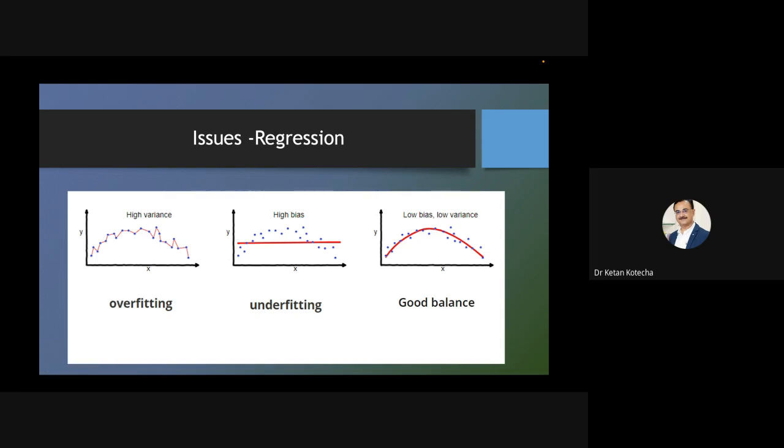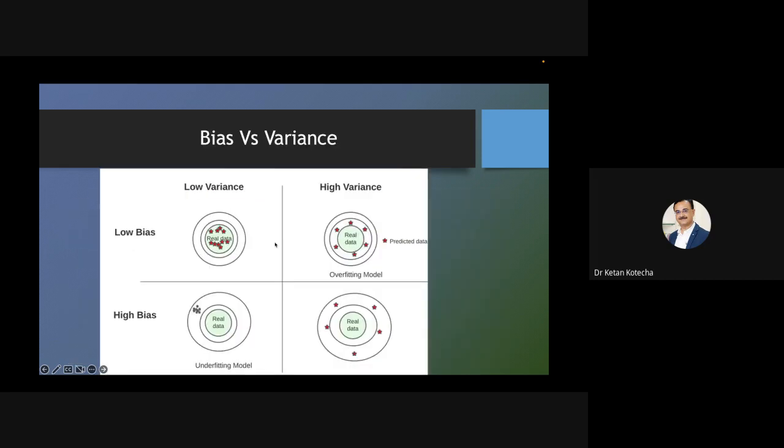One is to have a good balance. I have a slide which tells what is a good balance, but you can only tell that this is a very simple model. If the model is better, more advanced, then it will not have underfitting. But this is too much of an advanced model. This is a multi-dimensional curve getting fitted. Here maybe a single, one or two dimension curve is fitted. So it should be a balance between both.